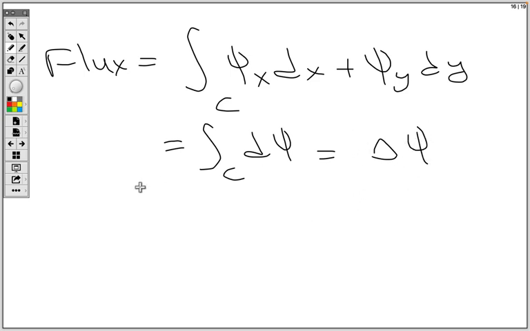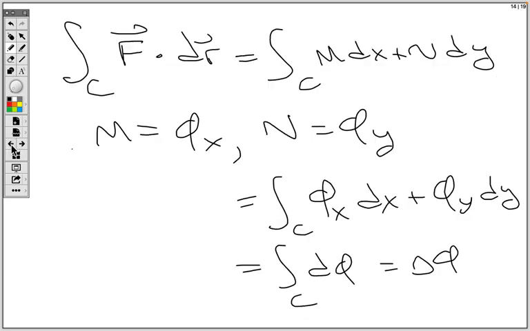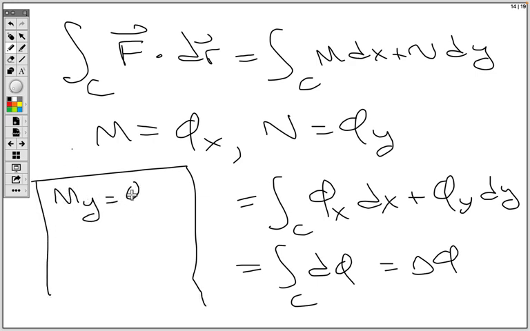So psi is called the stream function. And we'll talk about why it's called the stream function geometrically in a minute. But what would have to be true? What would be the condition? When we were looking for these potentials back in the day, we used Fubini's theorem to figure out when this would happen.